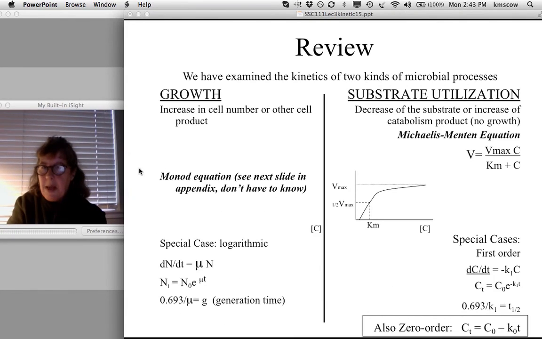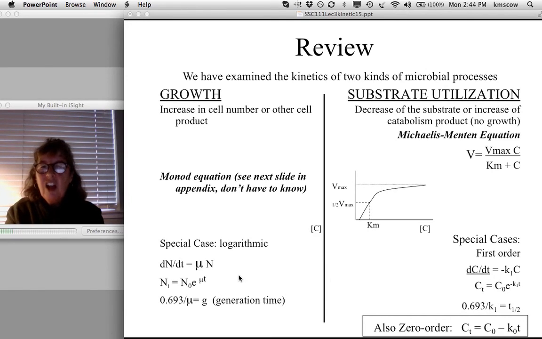But that's the mother equation that we would use to describe growth. But remember, we aren't talking about it in this class. We're just looking at a special case, which is logarithmic growth. And then for substrate utilization, the special cases, or the simplified forms of this Michaelis-Menten mother equation, are first order kinetics and zero order kinetics.